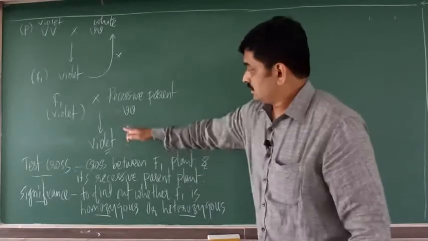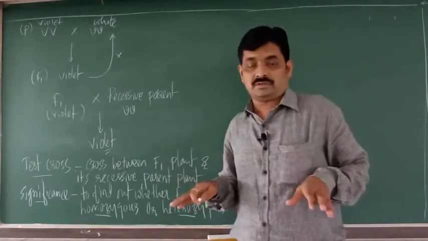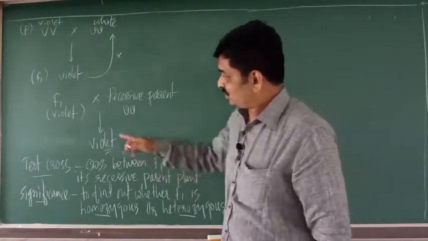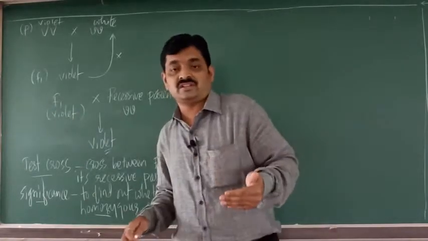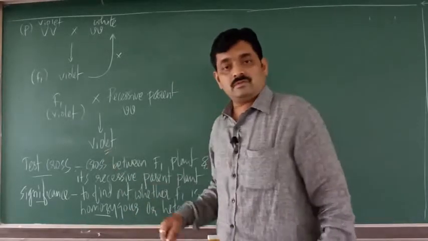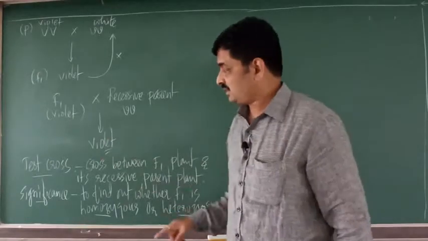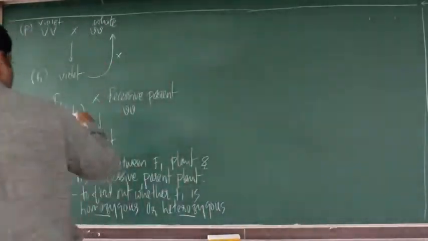Now, imagine all offsprings have produced violet flowers. Then we can easily come to know the genotype of F1, whether it is homozygous or heterozygous. When all offsprings are violet, it means this F1 has to be homozygous.